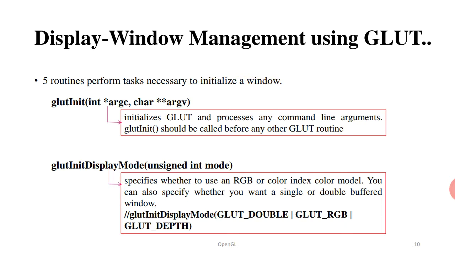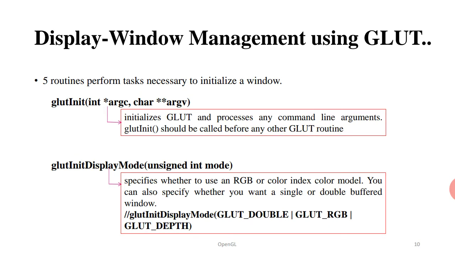The first is glutInit. It takes two parameters argc and argv. This glutInit function initializes GLUT and processes any command line argument that is provided as argc and argv. This function should be called before any other GLUT routine.